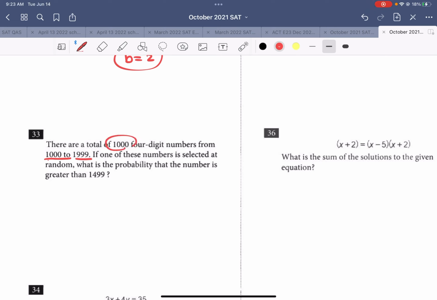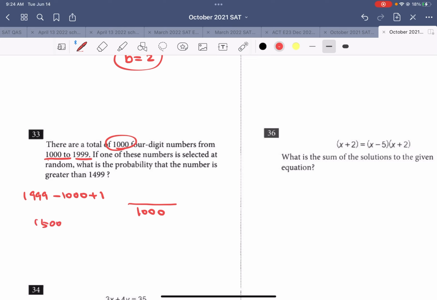Actually, total 1,000, because 1,000 to 1,999 is 1,000 numbers, right? You do 1,999 minus 1,000 and then plus 1. That's 1,000 total. Now, what is the probability that it will be greater than that?